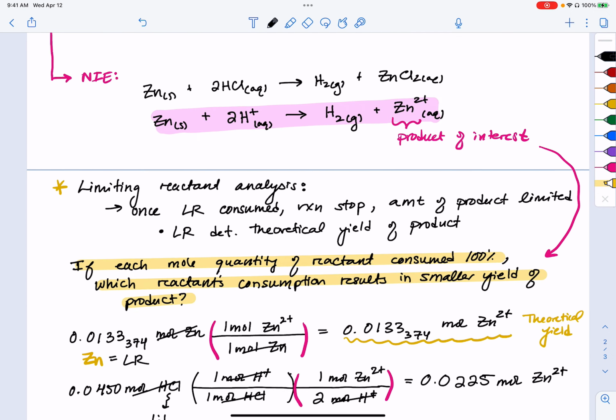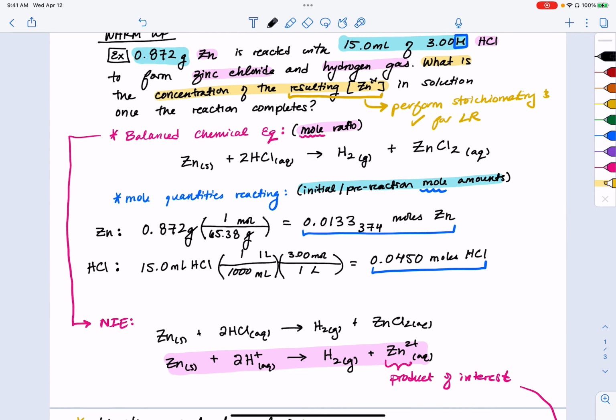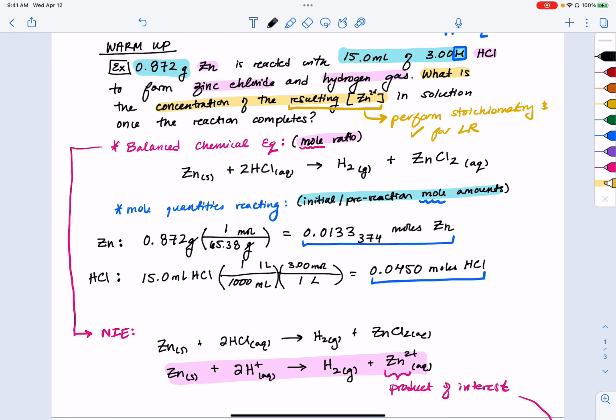All right, so in general, anytime you're doing any kind of stoichiometry, we now have to consider the limiting reactant. So you're always going to set yourself up with your balanced chemical equation to get your mole ratios, ideally your net ionic equation. Then you are going to use the lab quantities that are given to calculate your pre-reaction mole amounts that are going to react with one another.